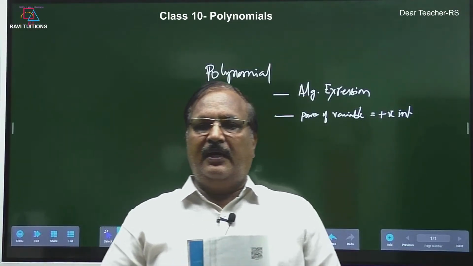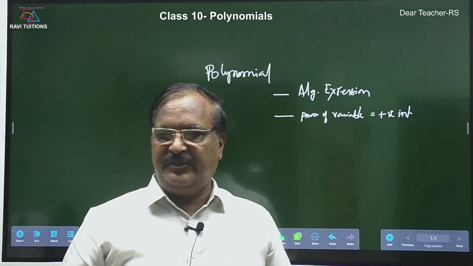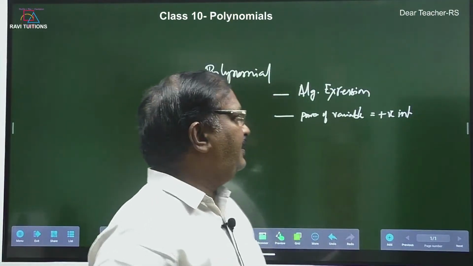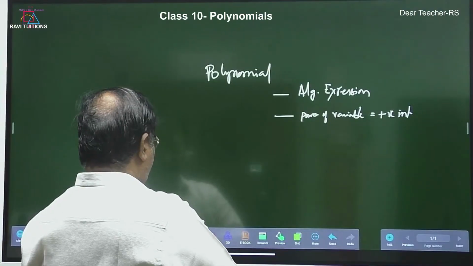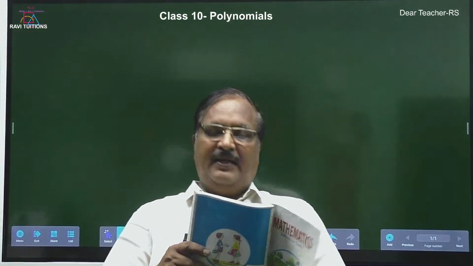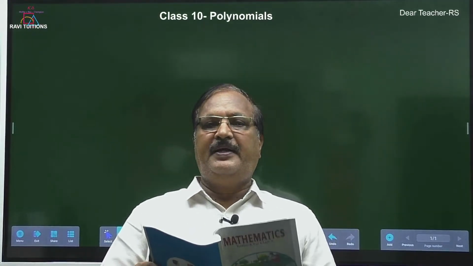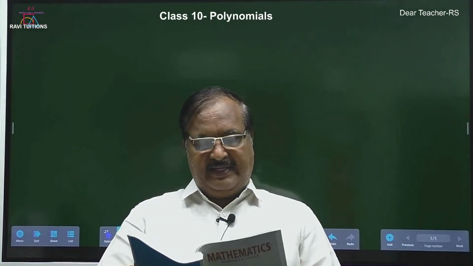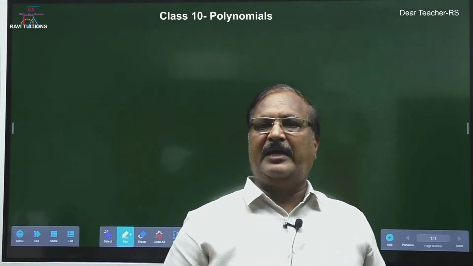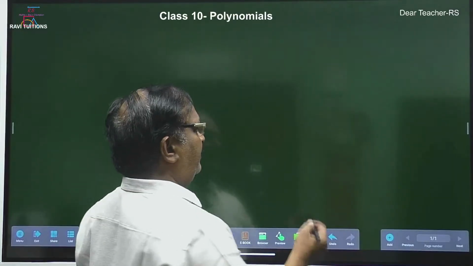So this is the simple definition, right? We don't need more on the definition of polynomials, because definitions and all those things are completed in 9th class. So I am not giving as many details about the polynomial.